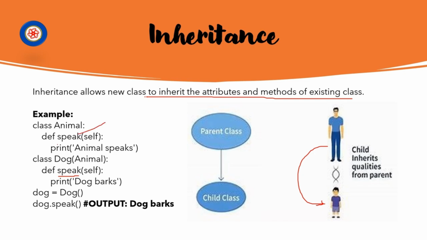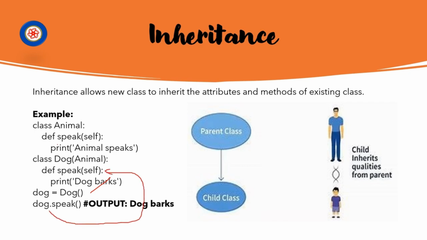When this method is called, it will print dog barks, not animal speaks. This line creates an instance of dog class and assigns it to the variable dog. Finally, this line calls the speak method on the dog instance, which prints the output dog barks.